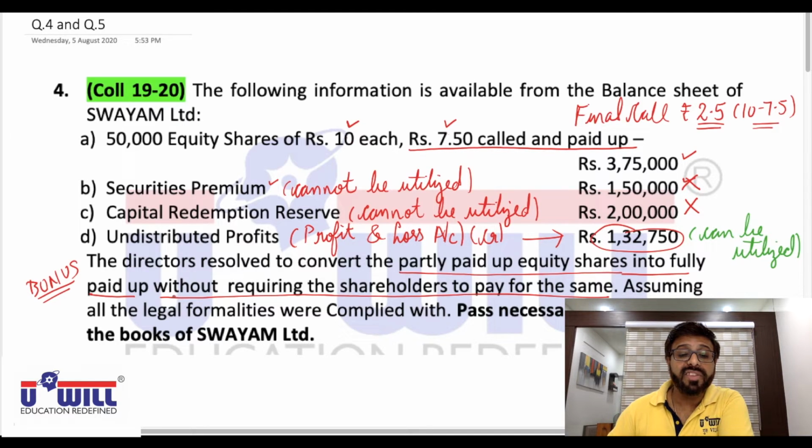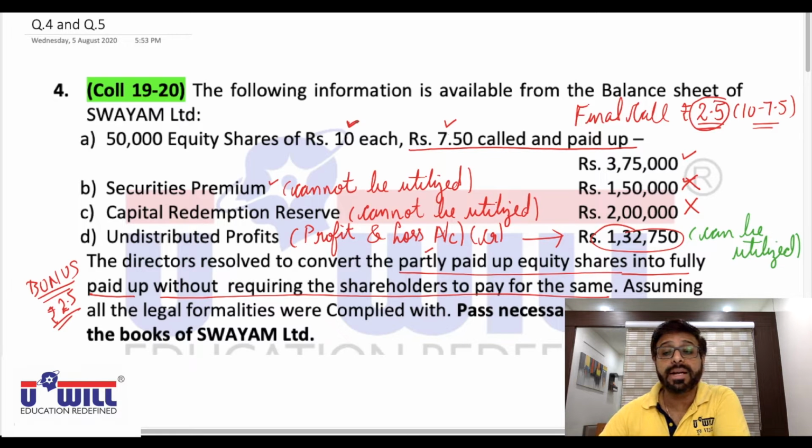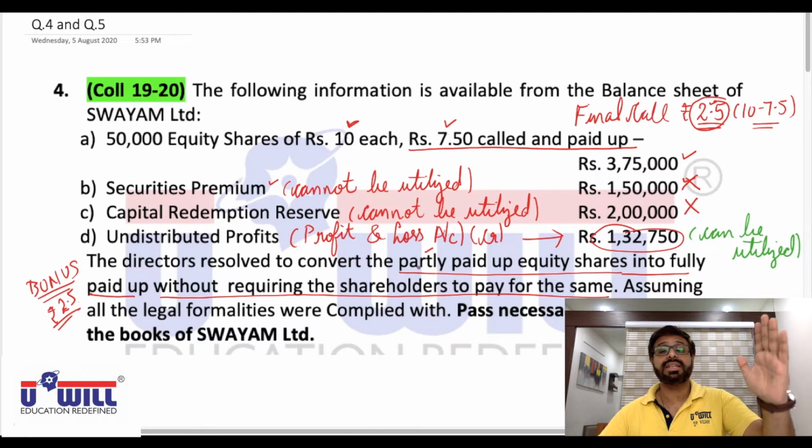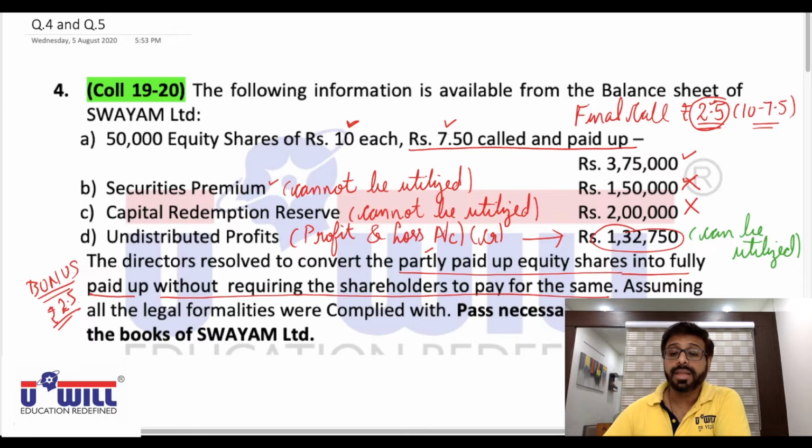How? Without requiring the shareholders to pay for the same. How will 7.5 get converted into 10 rupees fully paid up? By giving this final call of rupees 2.5 as bonus. In short, partly paid bonus shares are issued by the company.